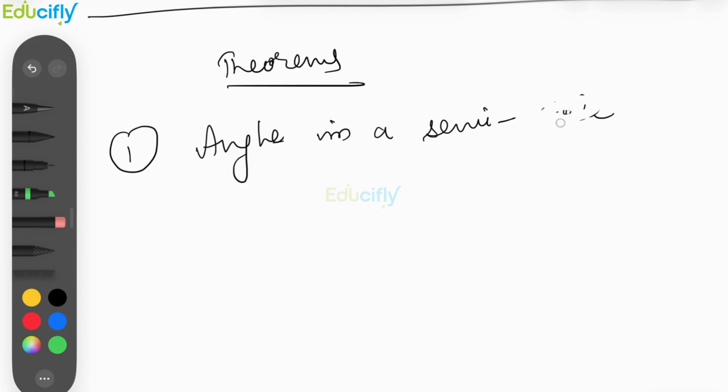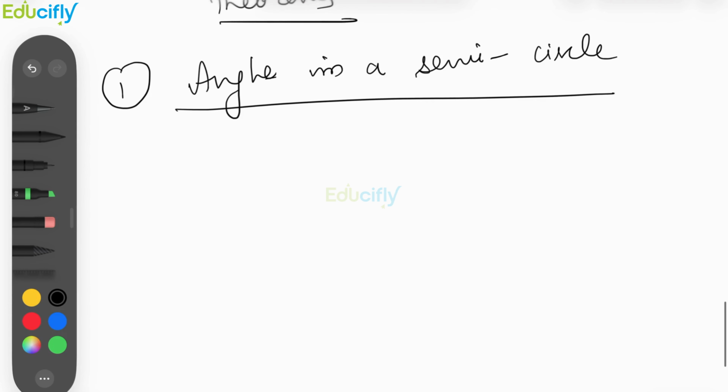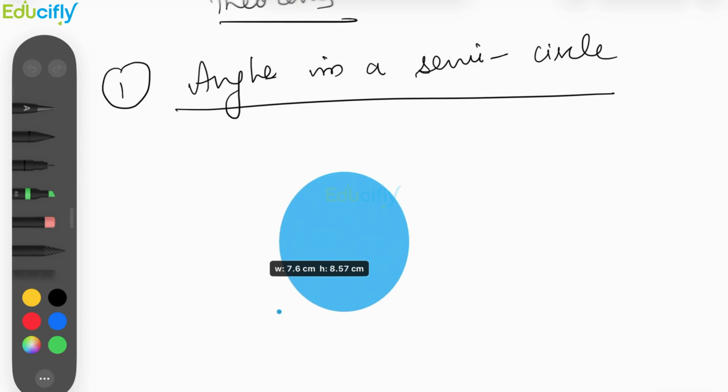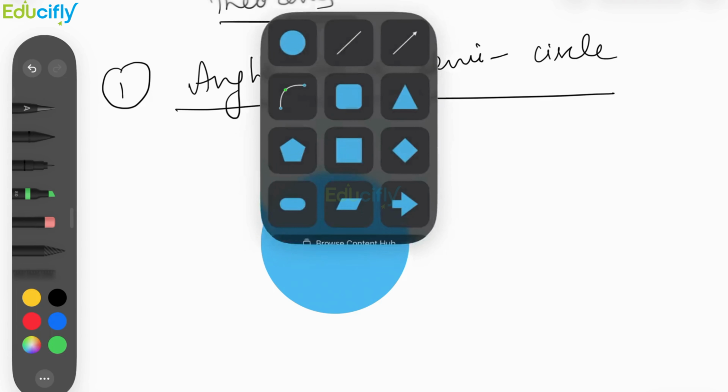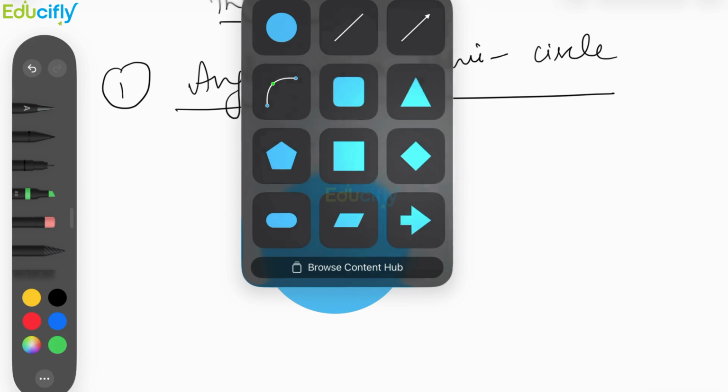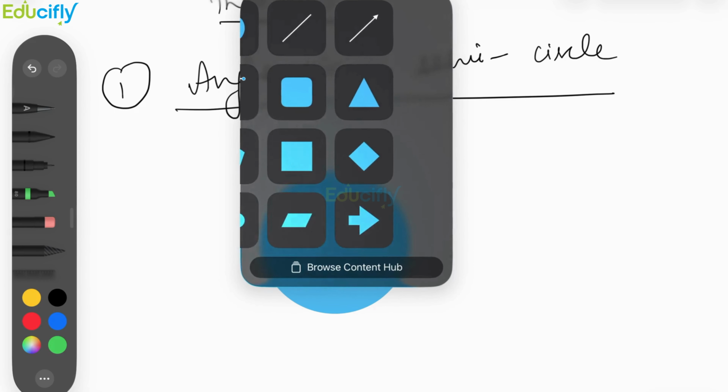Just a minute, let me write it properly. Angle in a semicircle. What does that mean exactly? So let's draw a circle, something like this. Now let me check if I have a semicircle here. No, we don't.